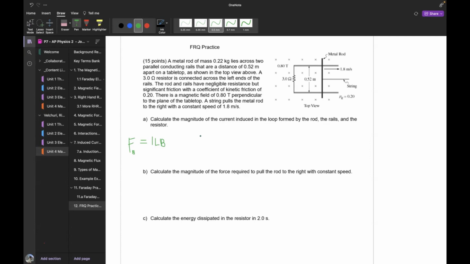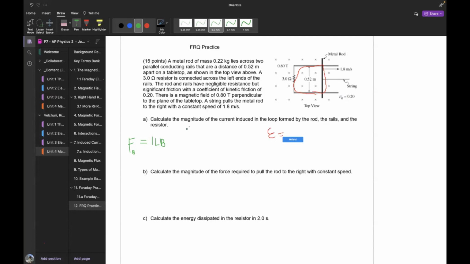So we have to find what is the current running in this circuit. For current, we need first the EMF induced.